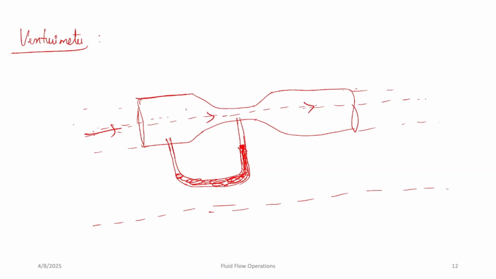Let's say pressure is P1 here, and at this location, this is P2. This is the converging section, the converging cone, and this is the diverging cone.